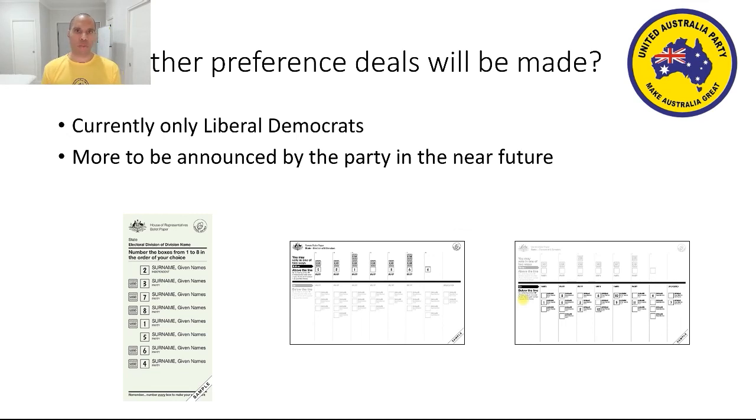So in theory, by the time we all receive the how to vote card, let's say if there's 8 parties, then probably a lot of, let's say, the first 4 has already been worked out, and the how to vote card for a UAP member or someone who wants to vote in alignment to UAP, they'll actually define, well, look, vote 1 UAP, 2 Liberal Democrats, 3 vote like this, 4 vote like this. So there'll be some deals to be made. And as I understand it, they'll be announced in the future.